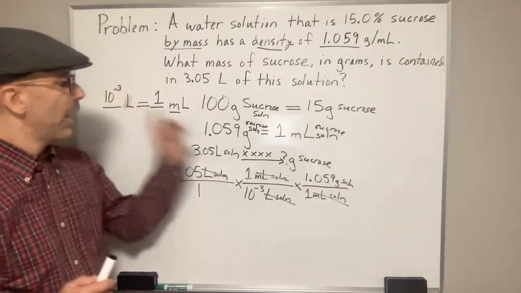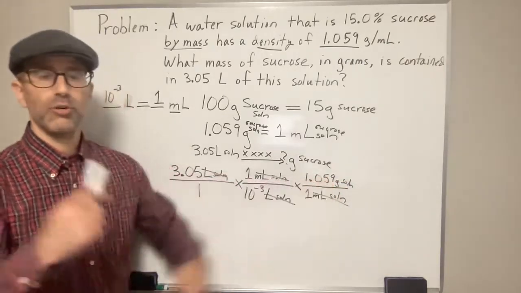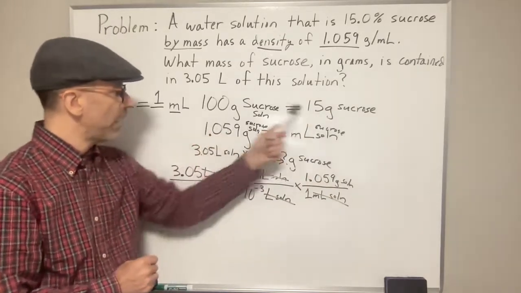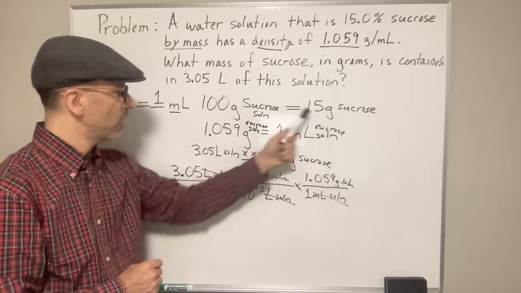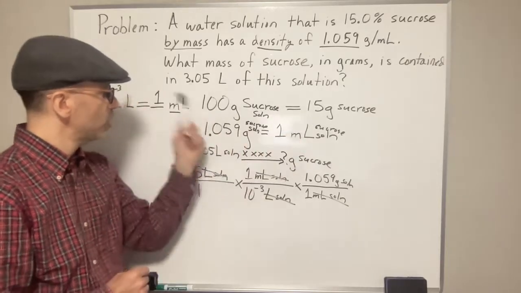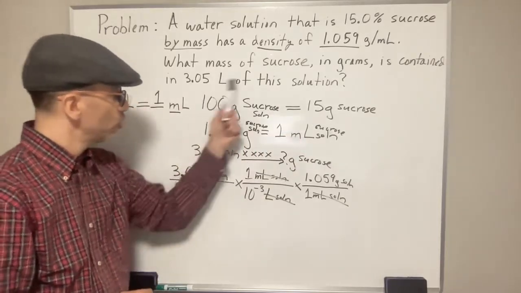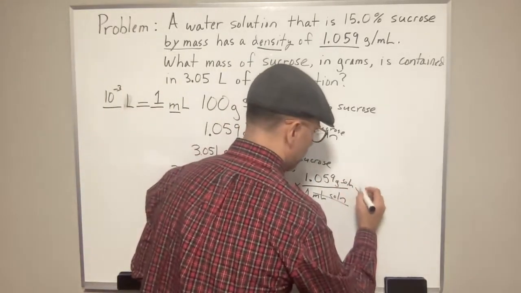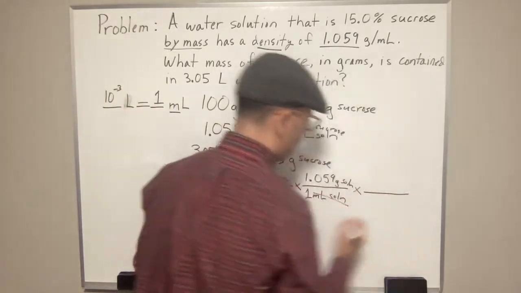So I need to go from grams of solution to grams of sucrose. So now I can use my percentage as a conversion factor. Solution will go on the bottom. So I'm going to need my next conversion factor.